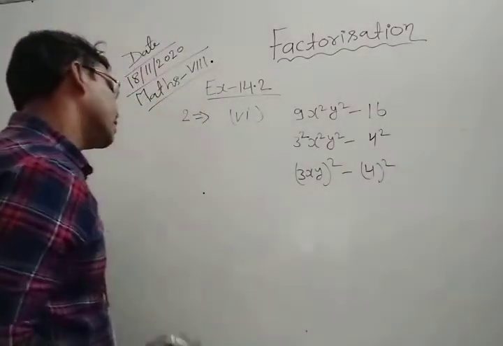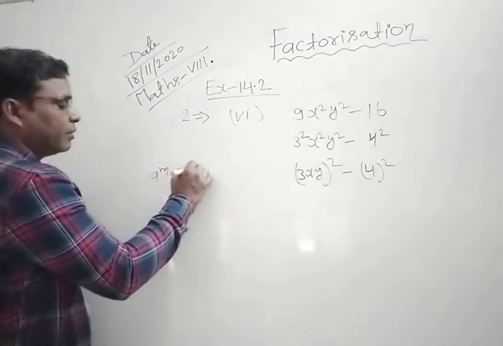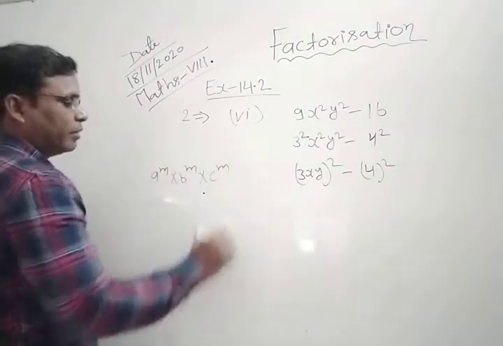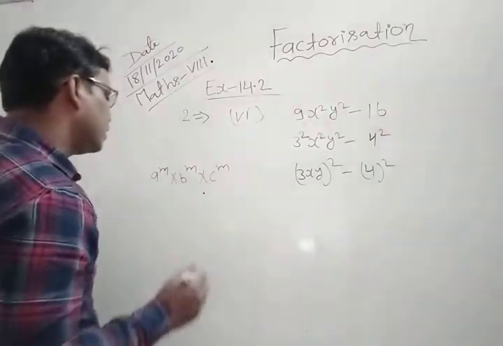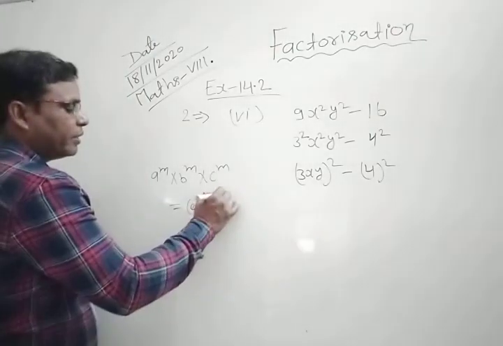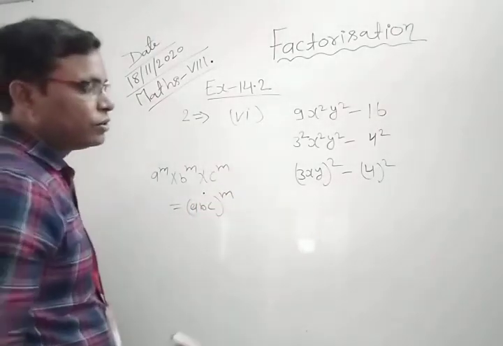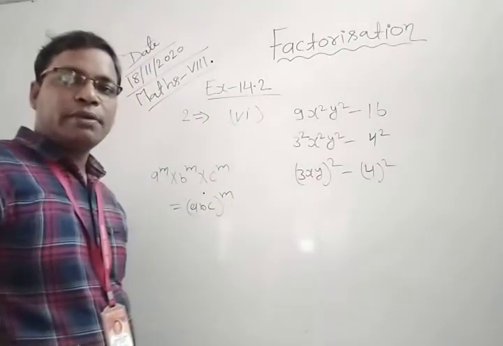You know very well, if a to the power m into b to the power m into c to the power m, if bases are different but powers are same, then you can write it as abc whole power m. Clear? So we can write it according to this law of exponents.